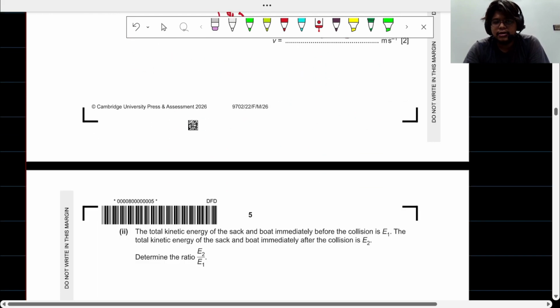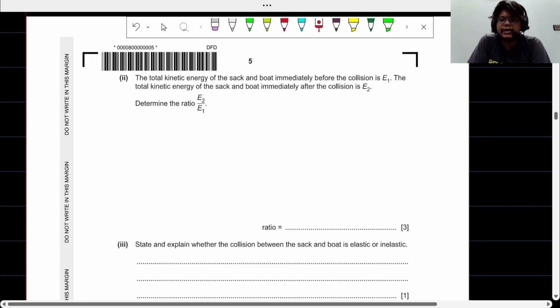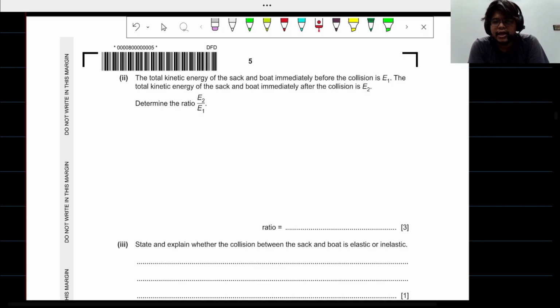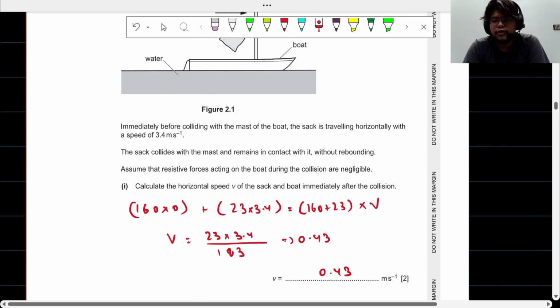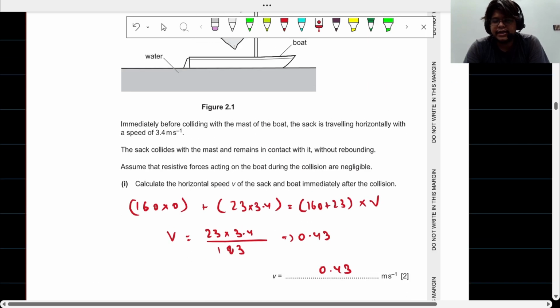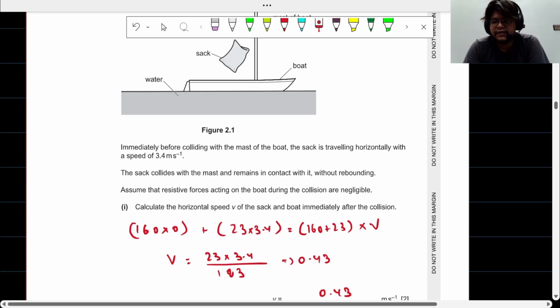Then it says the total kinetic energy of the sack and boat immediately before the collision is E1, and the total kinetic energy immediately after the collision is E2. Determine the ratio E2 over E1. Before the collision, the boat won't have any kinetic energy because it is stationary.